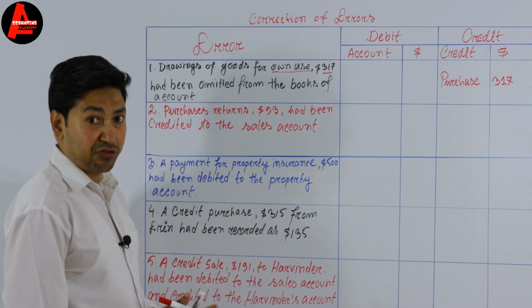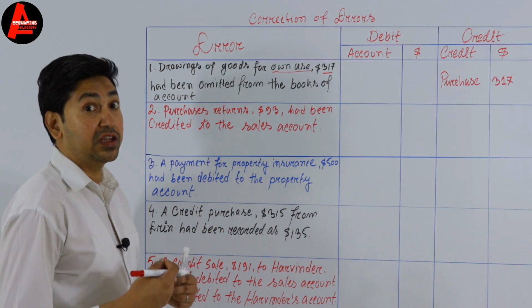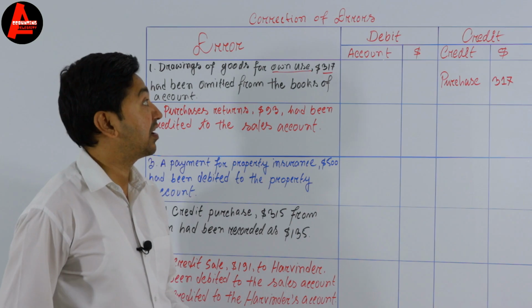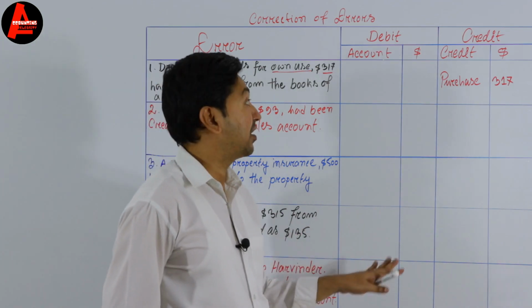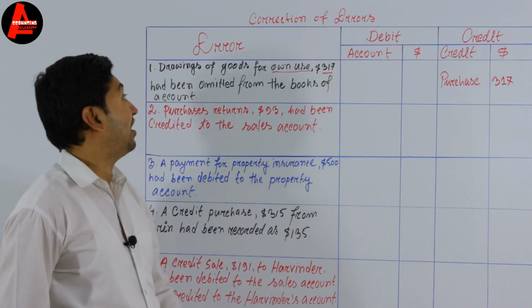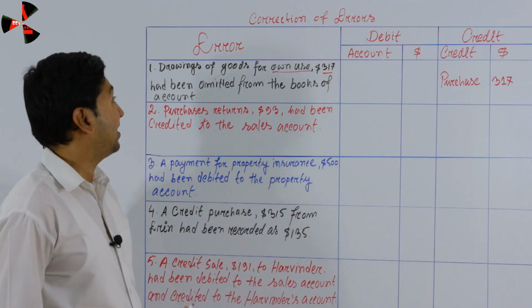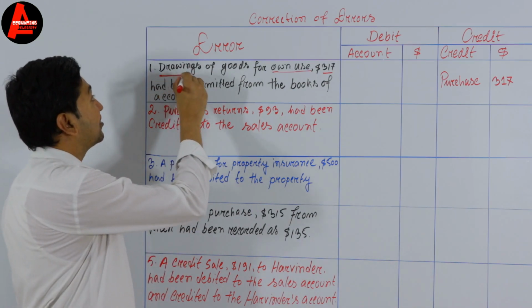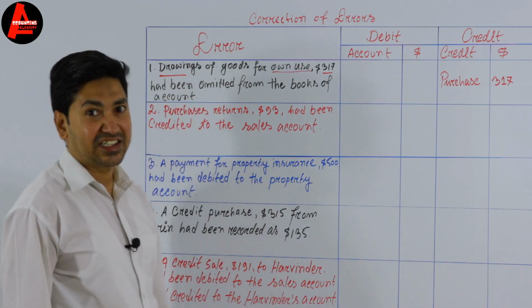Now what is the debit entry? So every transaction has two impacts. One will be debited, one will be credited. So this is incomplete. So we wrote the credit entry. Now we need to write the debit entry. Okay, so goods for own use, and the hint is already there. Drawings. Okay, so drawings is an expense.